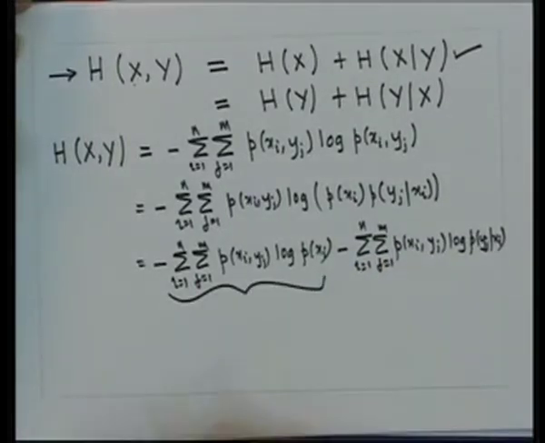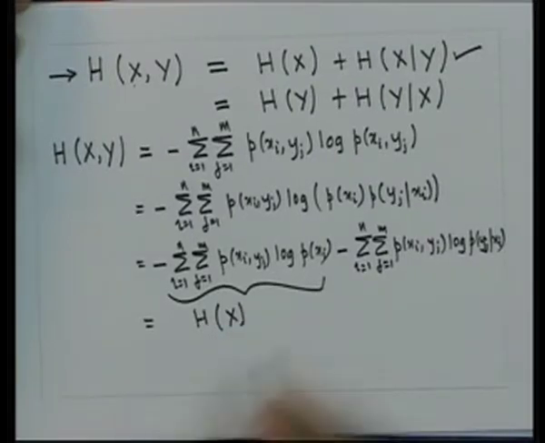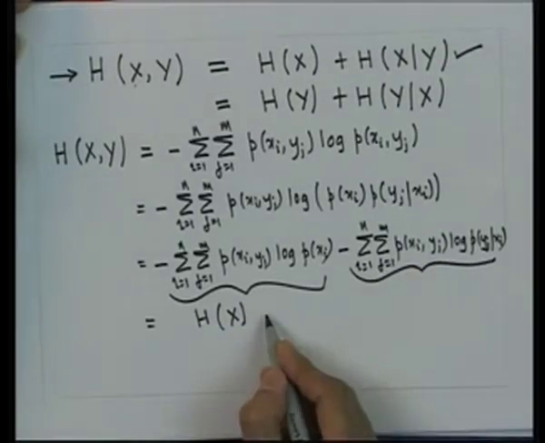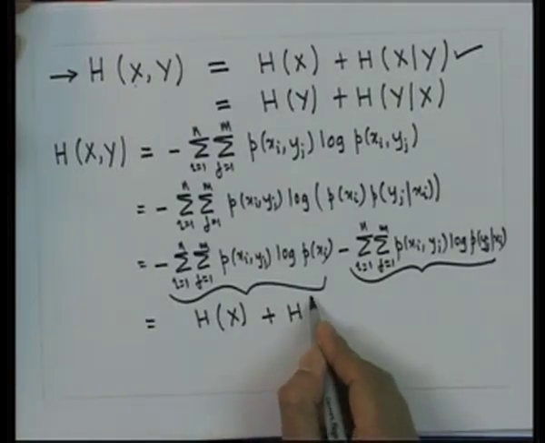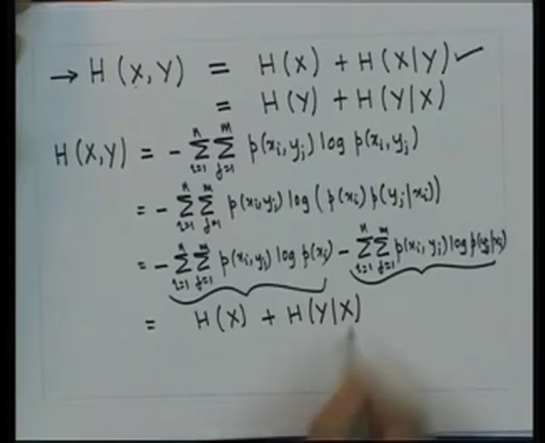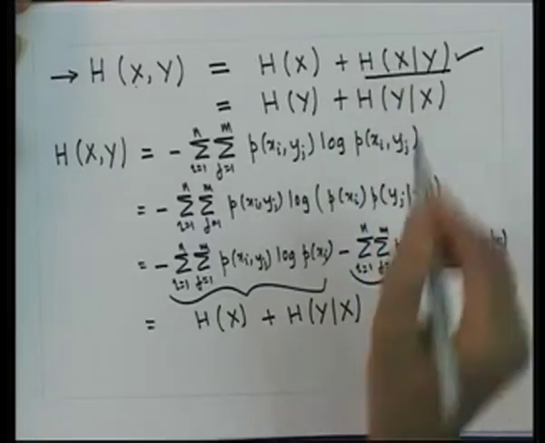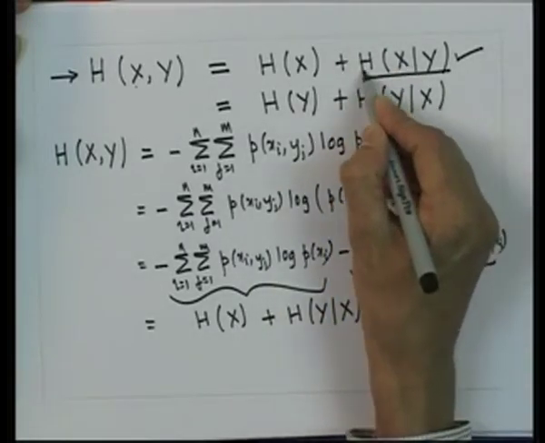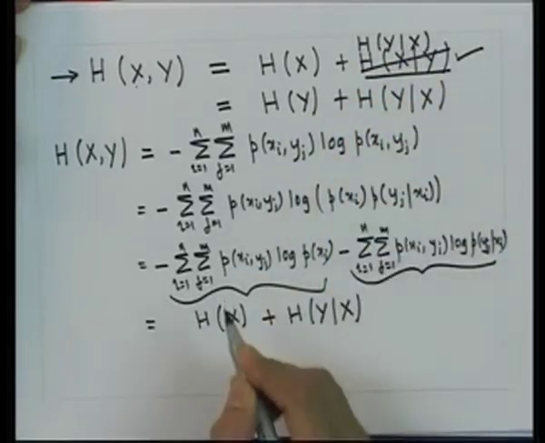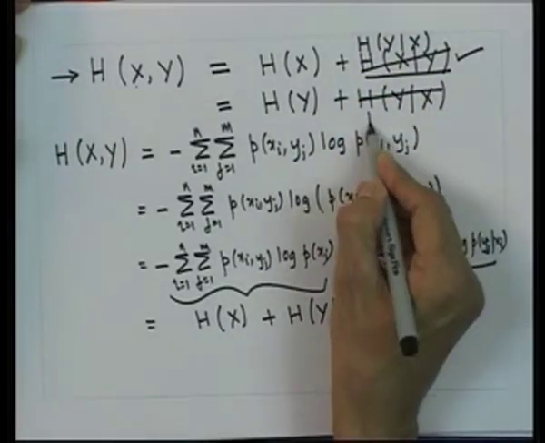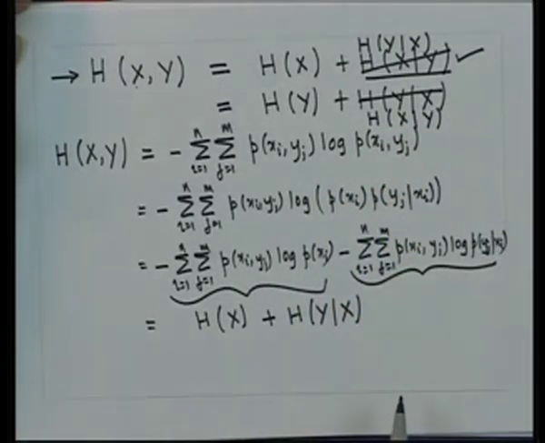Now, this quantity out here is nothing but your h x, and this quantity is nothing but by definition h y given x. Sorry, this quantity out here should not be h x given y, but should be h of y given x, and similarly this quantity should be h of x given y, correct.